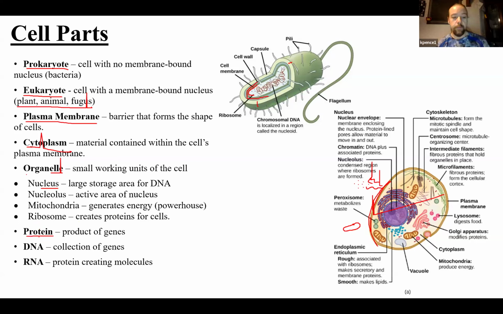We talked about this last week, but a protein is the product of genes. So every cell's job is to make proteins. This is going to determine what the cell is going to be doing. It's also going to determine what the shape of the cell is going to be. DNA is a collection of genes. So if you were looking into that, there's a specialized code, and that code is going to be different for every person and for every organism.